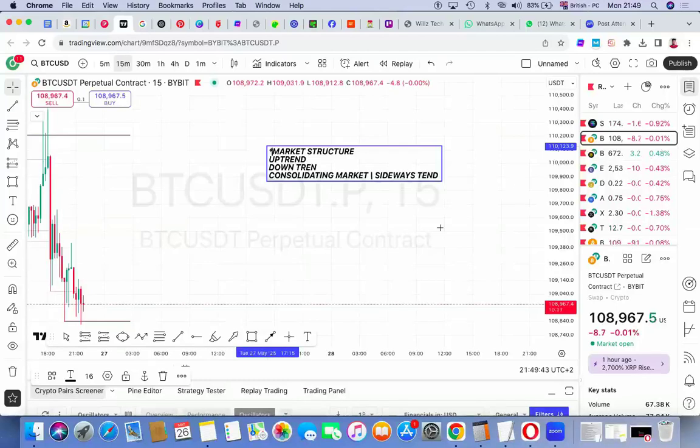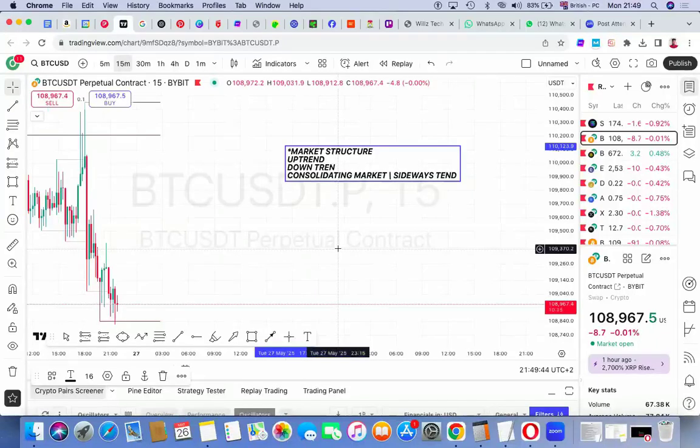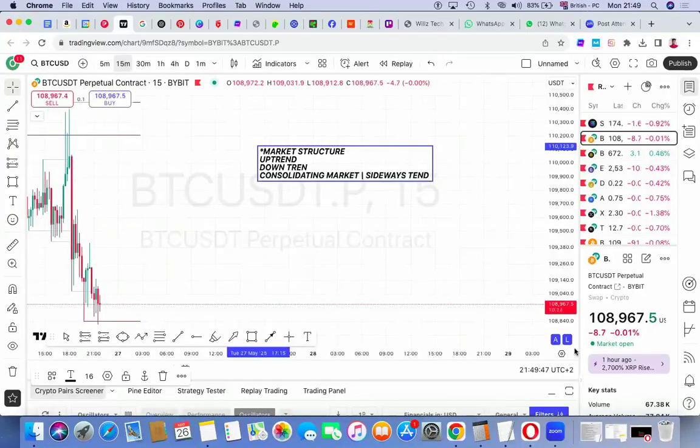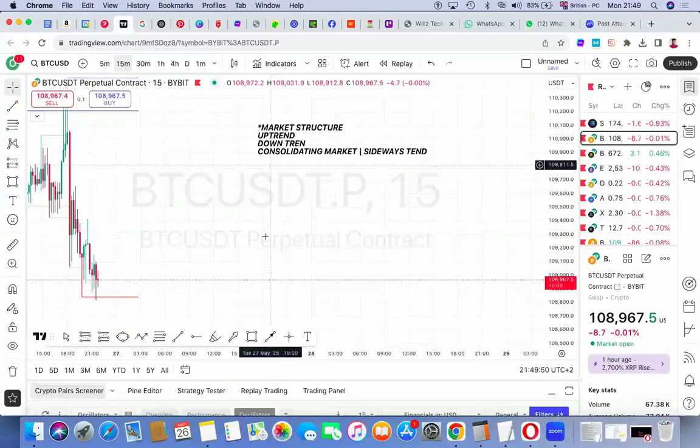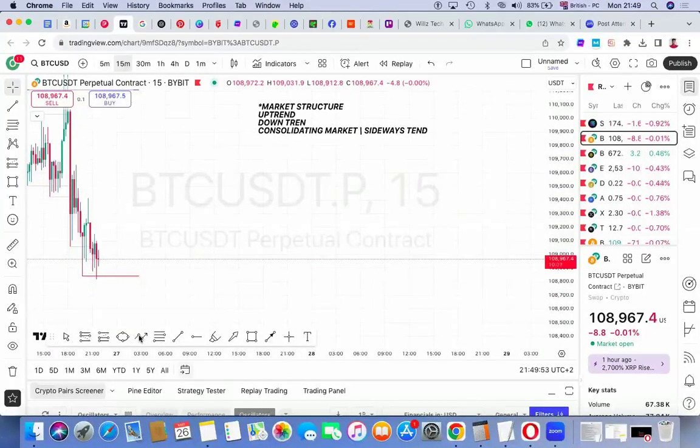I'll go ahead and show us the scenario in which the market is in an uptrend. So I'll pick part two. You see these tools that I have here, I've favorited those tools that I actually use to analyze the market.